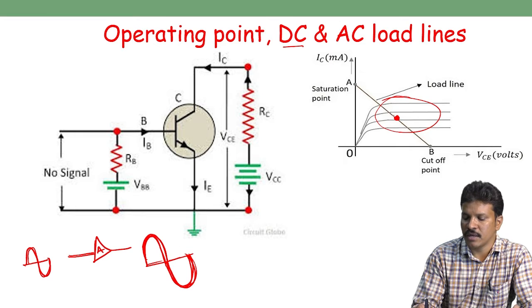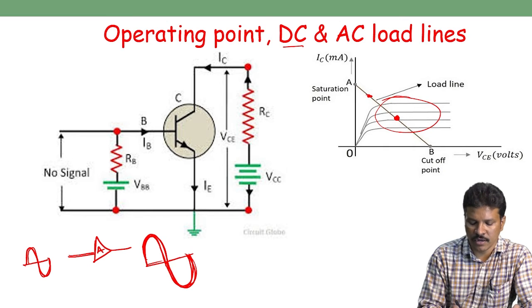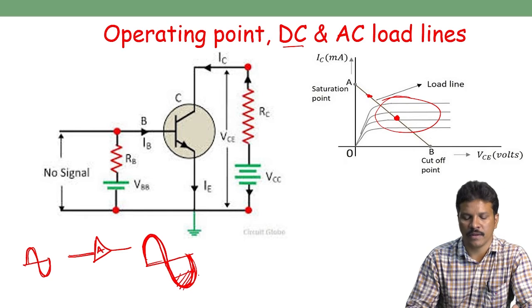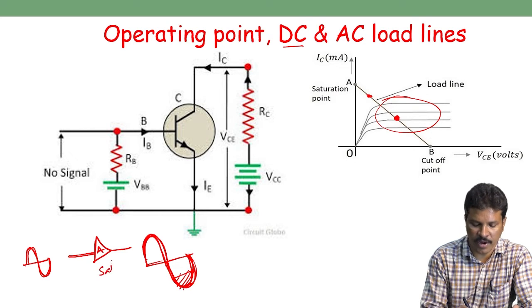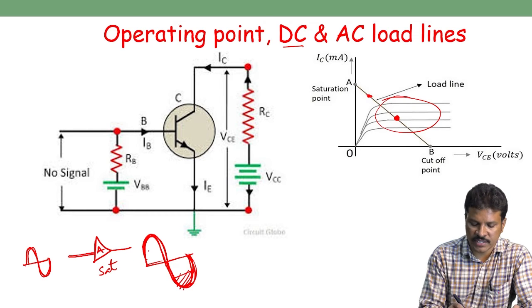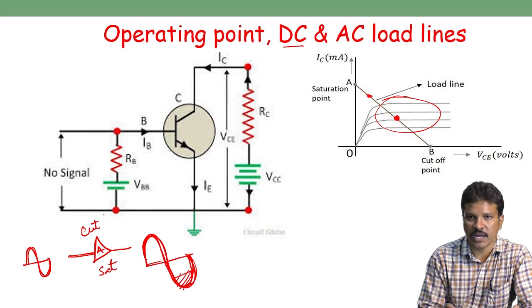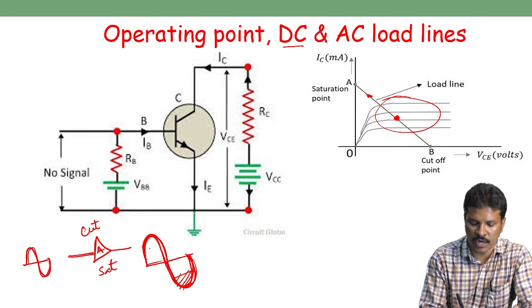Suppose the operation of the transistor amplifier is near the saturation region or in the saturation region. In this case, the signal will get suppressed in the negative cycle. If it is operated in the saturation region, or if it is operated near the cutoff region or in the cutoff region, then you will get this kind of portion clipped.